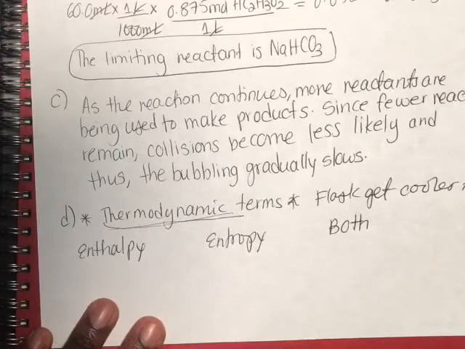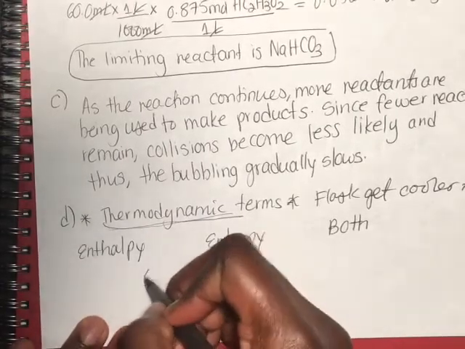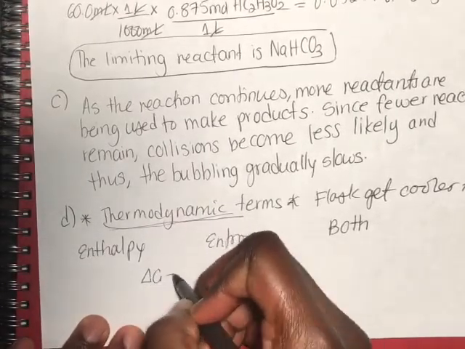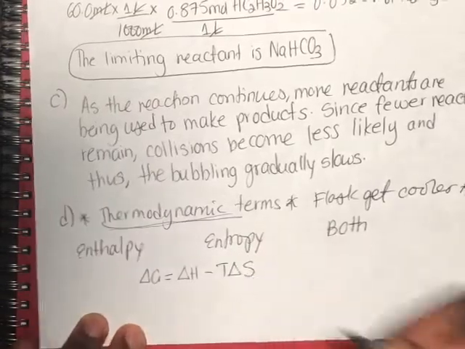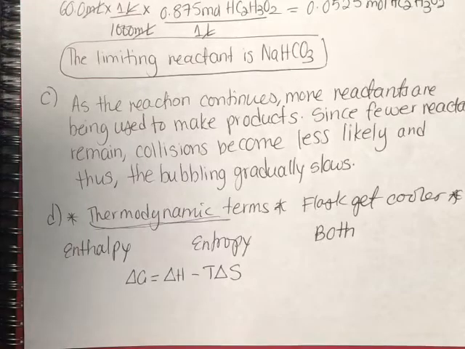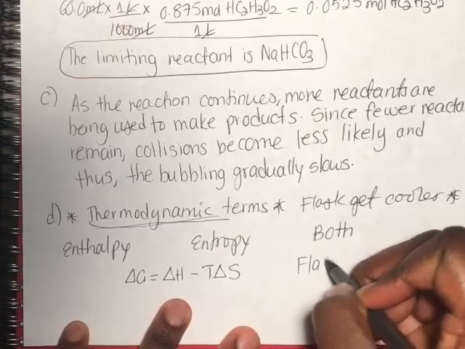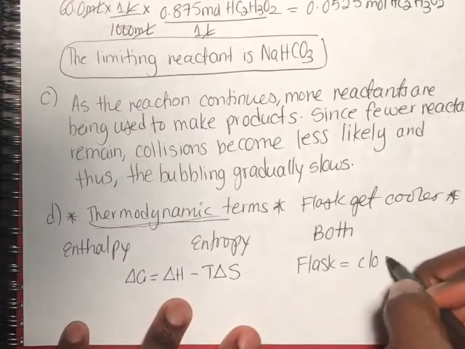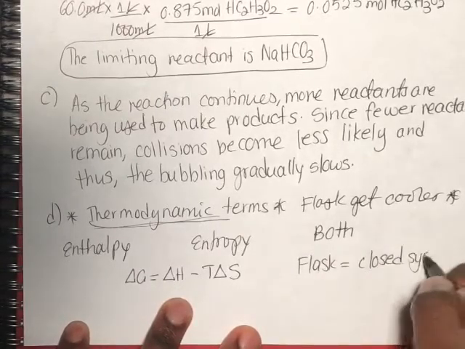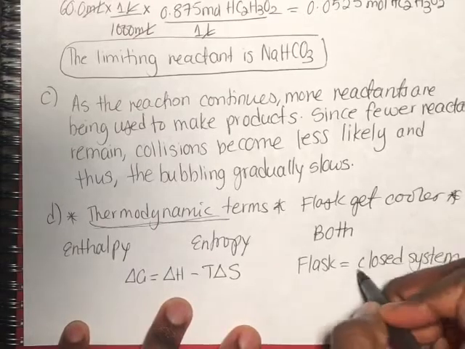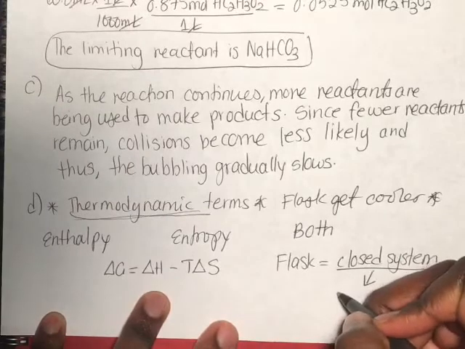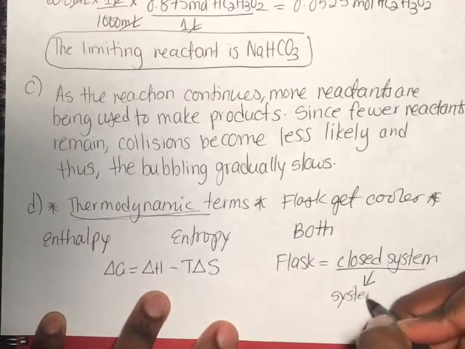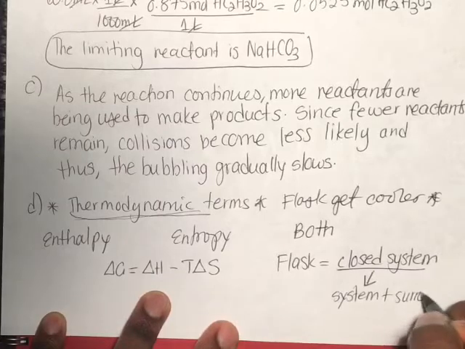And when we hear thermodynamic, we should think of this equation. Delta G is equal to delta H minus T delta S. So we know the reaction is happening in a flask, right? And a flask is a closed system. In a closed system, there's the system and the surroundings.